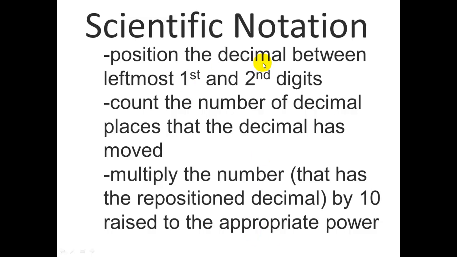We move it from wherever it was in the standard notation number to between the first and second digits on the left from the original number. While we're moving, we count the number of decimal places that the decimal is moved, and that will tell us the power of 10 by which we have to multiply the new number, the number with the decimal repositioned.